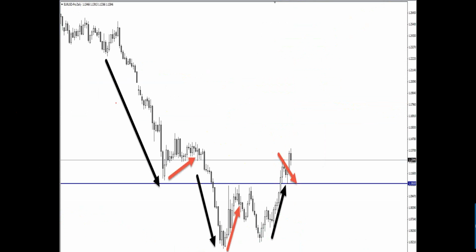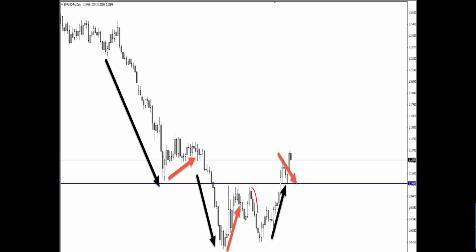Okay, now this is how it looks on daily. We can see a big impulsive move on the daily chart on euro dollar. Then there was a correction. Then there was another impulsive move to the downside, correction, move, correction. So again, look at the price, 1.1065.